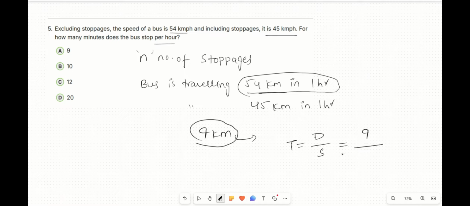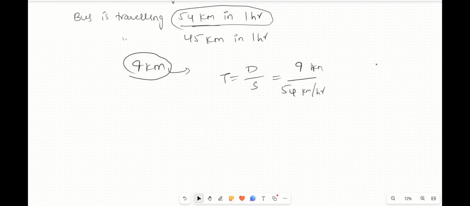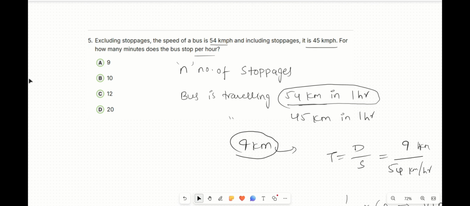How much distance? 9 by how much speed? 54 kilometer per hour, in kilometers. 1 by 6 hours. We have to convert this into minutes. 1 hour equals 60 minutes, which is 10 minutes. So the answer is 10, which is option B.